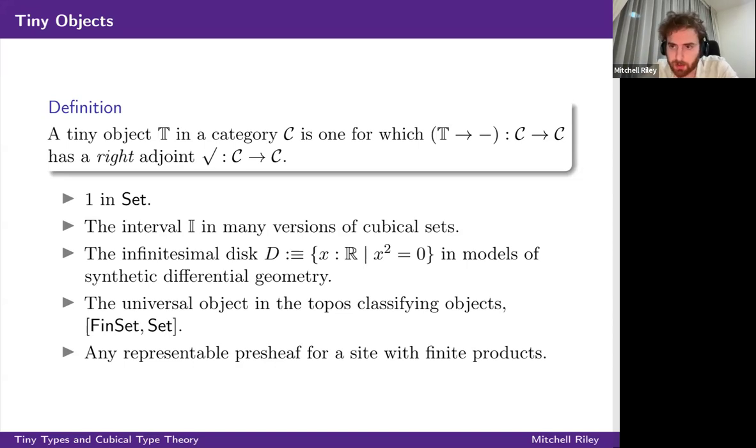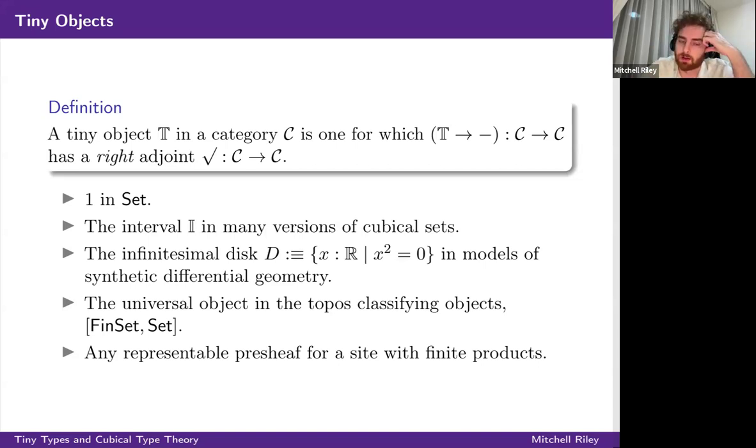So I've got a few of them listed here. First of all, in many different versions of cubical sets, the interval is tiny, though not all of them. The original example of a tiny object, and the one that motivated it being studied in the first place, is in synthetic differential geometry.